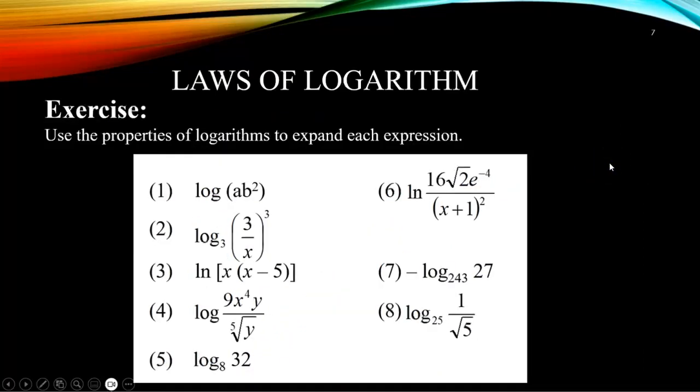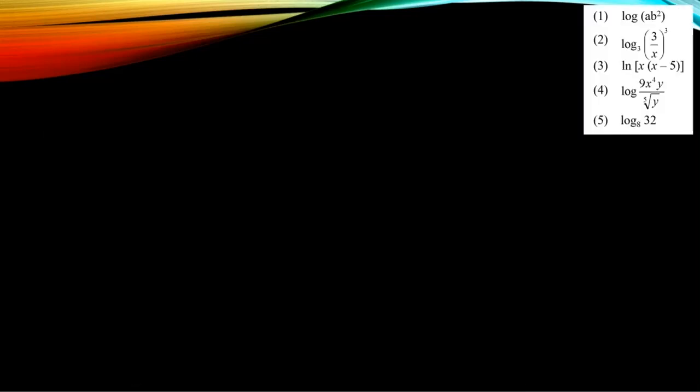So let's just have some exercises. Use the properties of logarithms to expand each expression. So let's go to number 1. For example, you're given logarithm of ab squared. So it's a product.